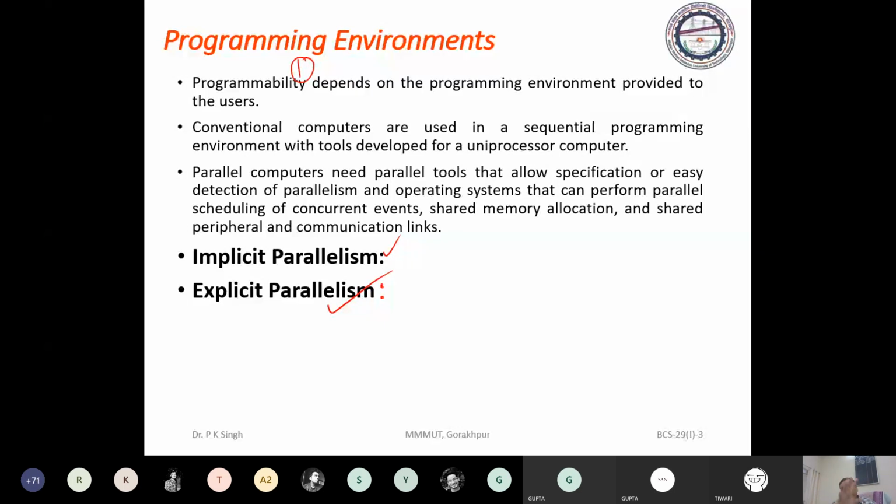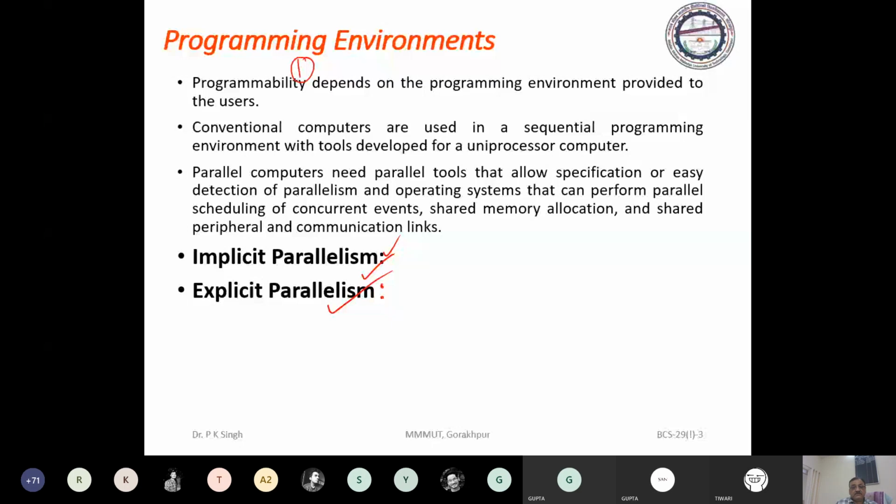It is their job to design a compiler that will extract the implicit parallelism in a program already written by a simple programmer and generate code that may exploit the hardware parallelism available on the machine. This type of parallelism is called implicit parallelism.